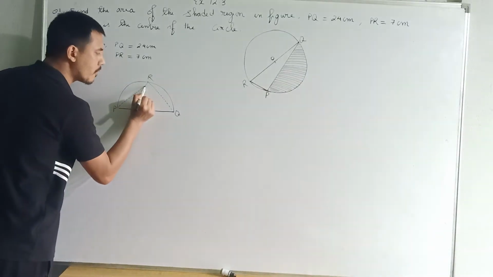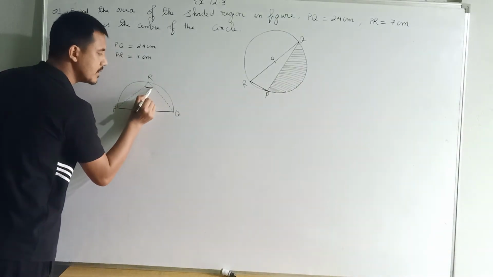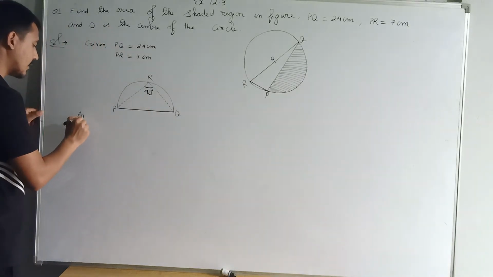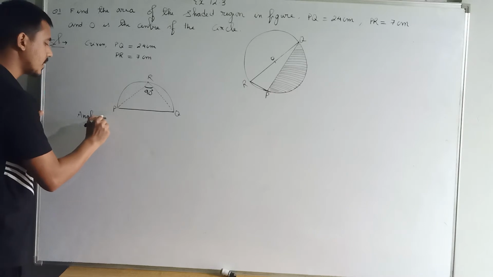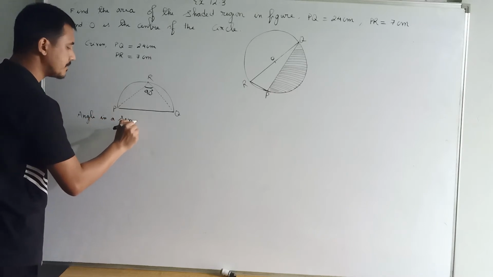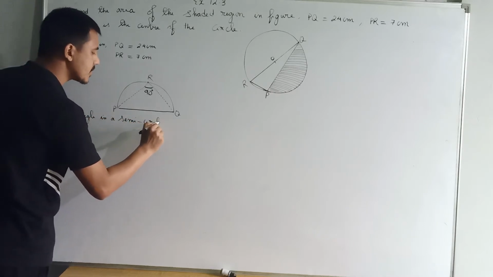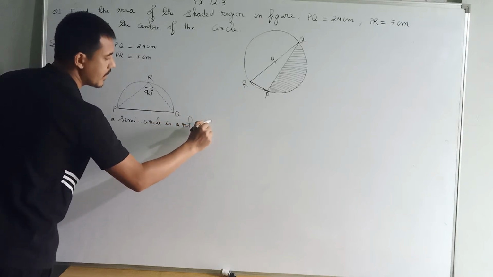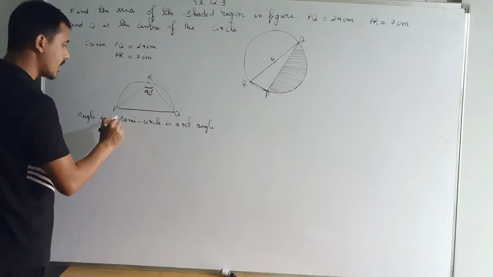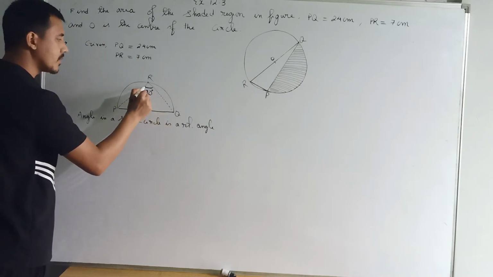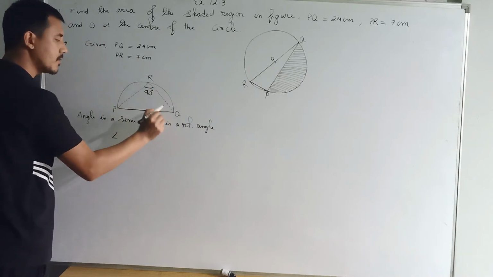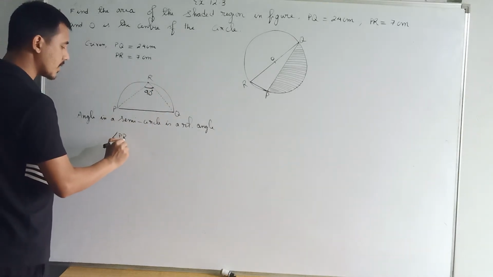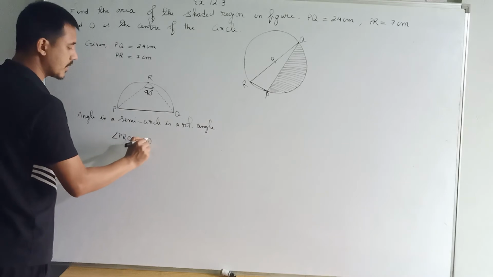Then the angle formed at this point R is 90 degree. That means the angle in a semicircle is a right angle. So angle PRQ is equal to 90 degree.